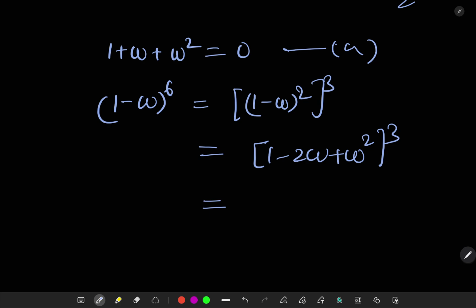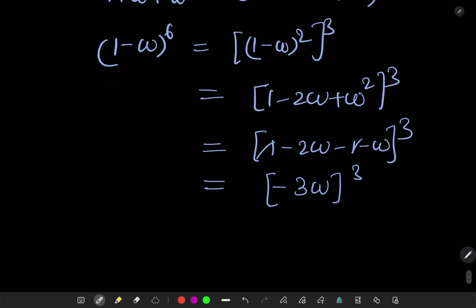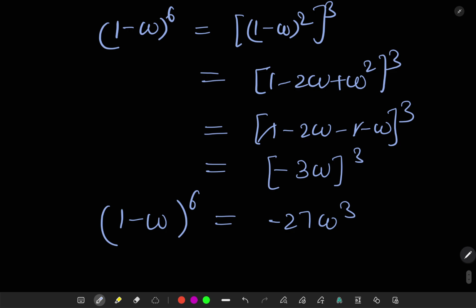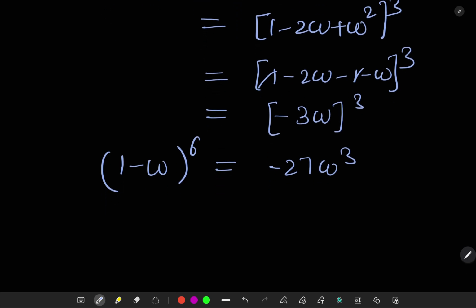Here omega square is equals to minus 1 minus omega, so this will equals to minus 3 omega whole cube equals to minus 27 omega cube. 1 minus omega whole power 6, and if we take here cube root both side, we get this. Here omega is the root of z.